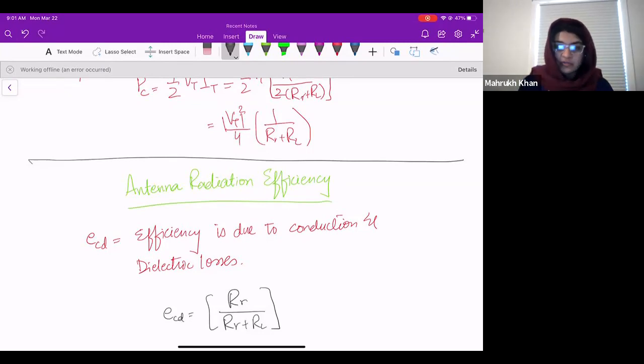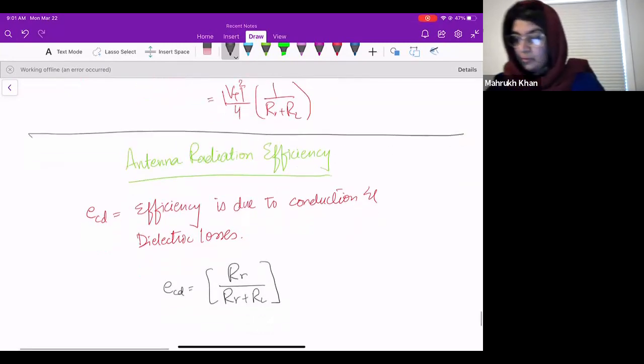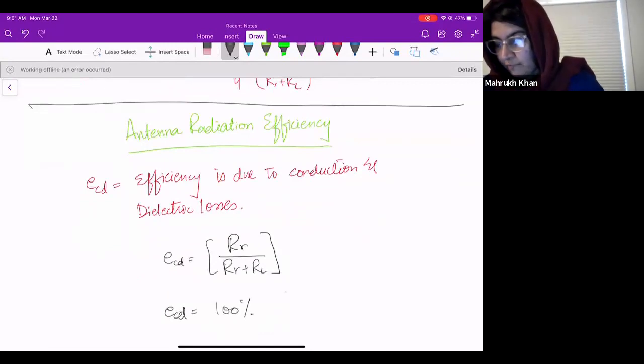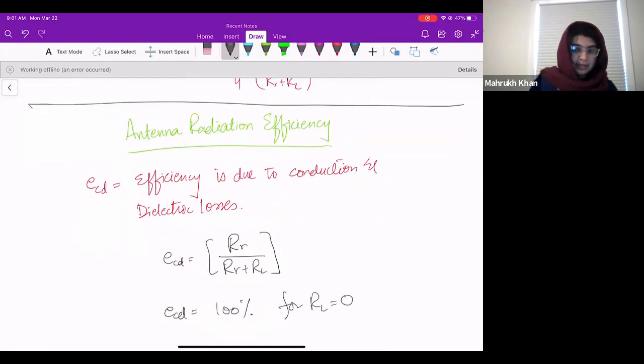So the efficiency will be between 0 and 1. If RL is 0, ECD will be 100% for a lossless antenna. Other than that, that's the formula you can use to find the radiation efficiency.